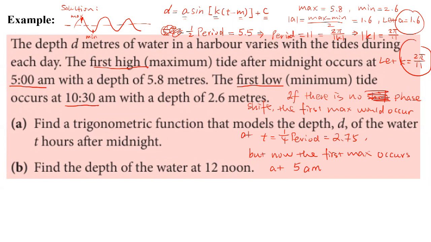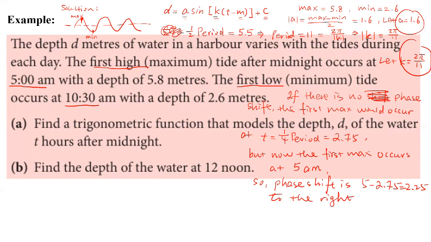So the origin is midnight, which is 0. That means the phase shift is 5 minus 2.75, which is 2.25 to the right, right?